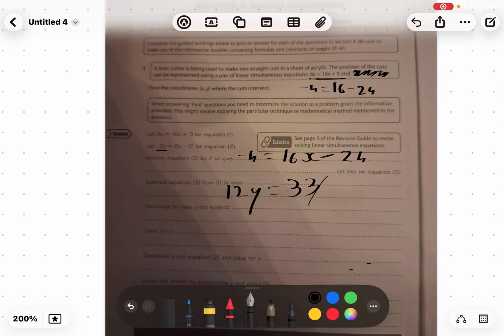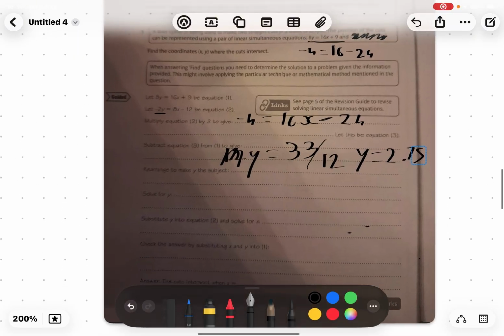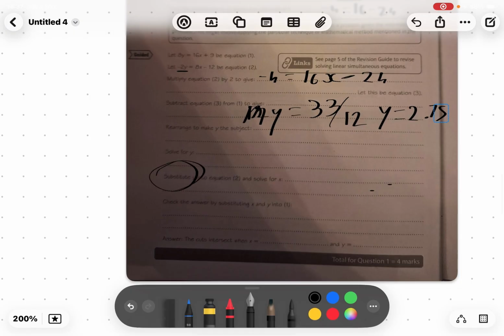After that, we divide this by 12 to get y on its own, and y is equal to 2.75. After that, we have to substitute y into the second equation. Why the second? Because we transformed it, so might as well just do everything with it. However, we could use this one, but it doesn't really matter that much.